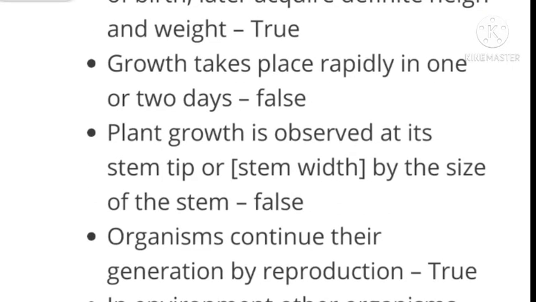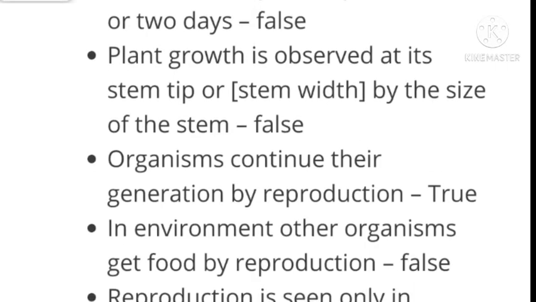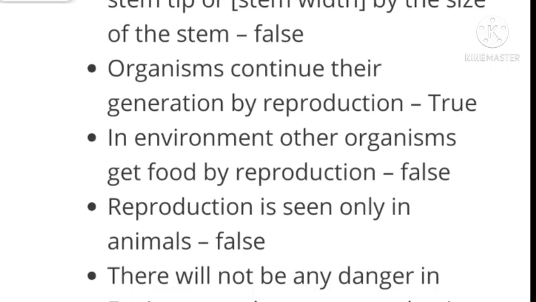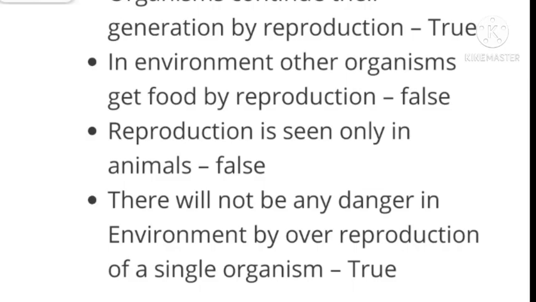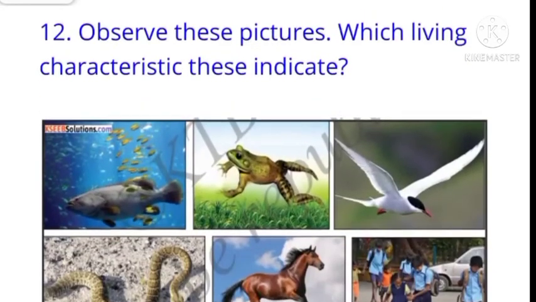False. Plant growth is observed at its stem tip or stem width by the size of the stem. False. Organisms continue their generation by reproduction. True. In environment, other organisms get food by reproduction. False. Reproduction is seen only in animals. False. There will not be any danger in environment by over reproduction of a single organism. True.